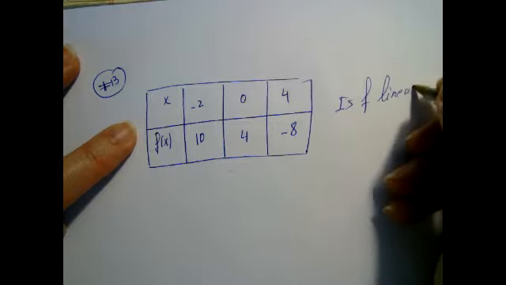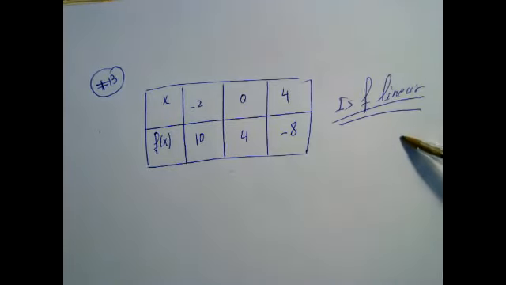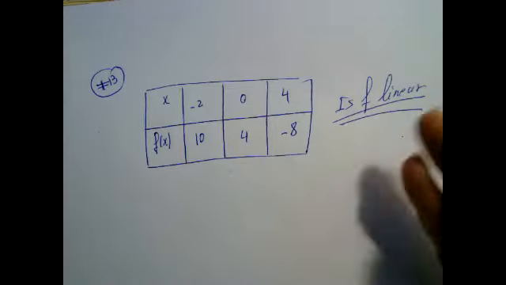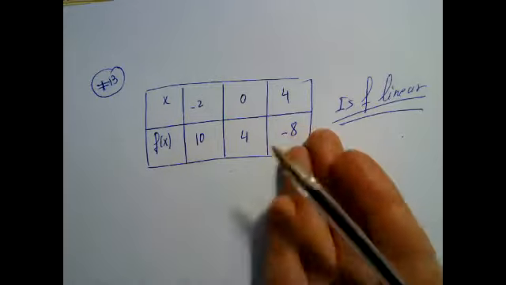It means can f be a linear function? Okay, so to make sure that f is linear, it means can the graph be a line basically? To make sure that f is linear, we have to make sure that the rate of change is the same, or let us say the slope is the same. So does the slope remain the same in this problem?